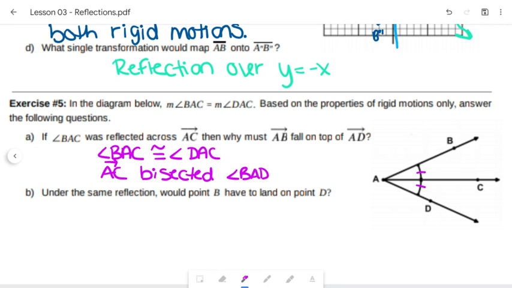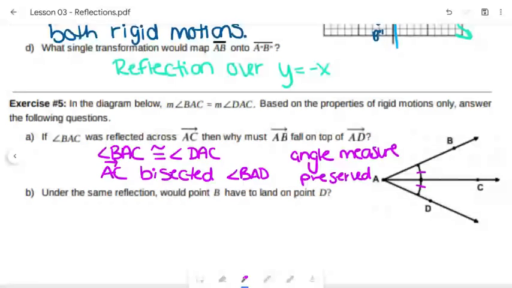And if they're mapping onto each other, we know that those angle measures would have been preserved and angle BAC would be mapped onto DAC. So if the angle measure is preserved, we know that those two angles are good.